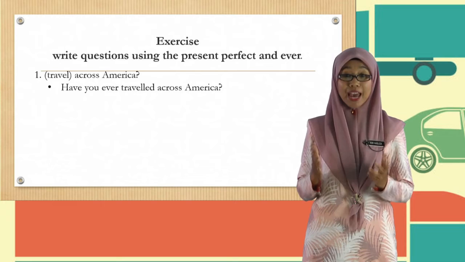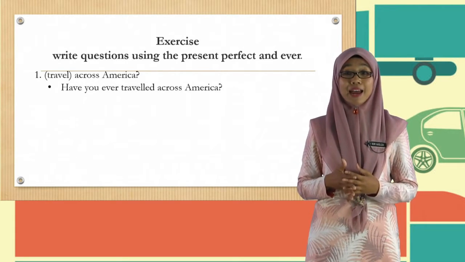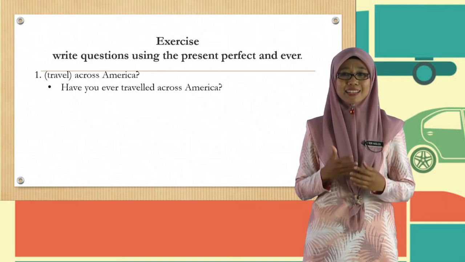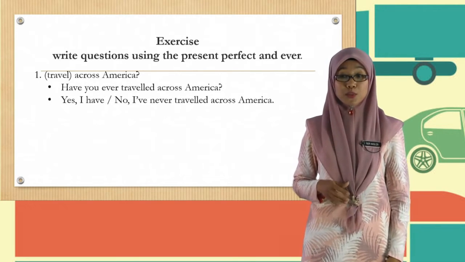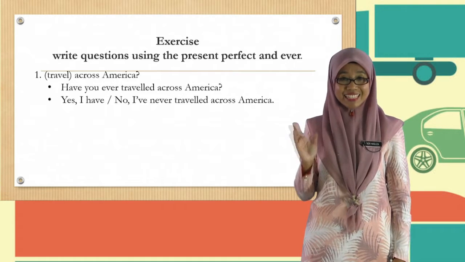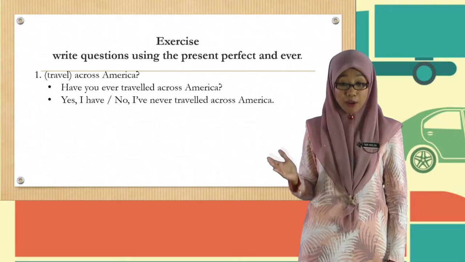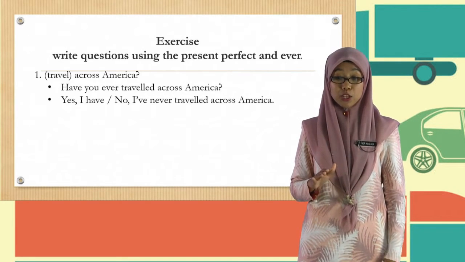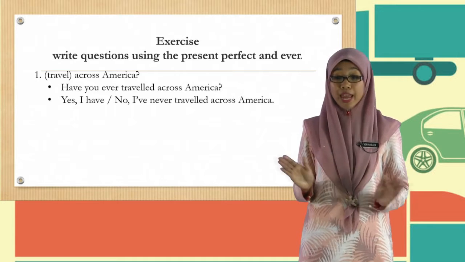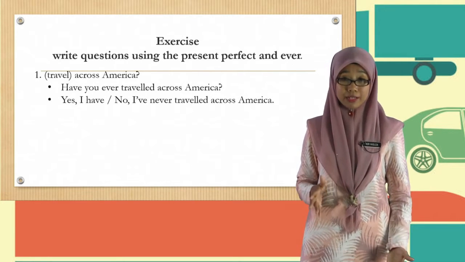Have you ever traveled across America? That's the correct answer. You can respond to this question either yes, I have, or no, I've never traveled across America, to explain that you don't have any experience traveling across America.